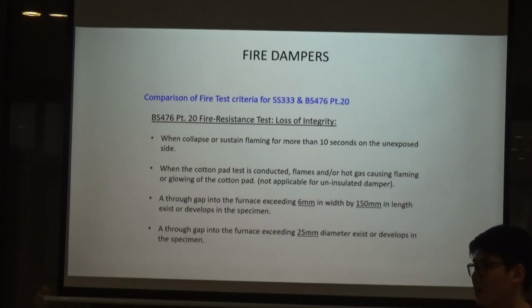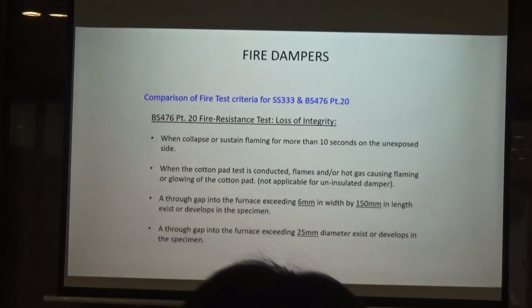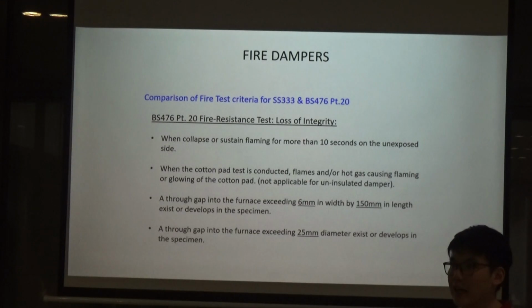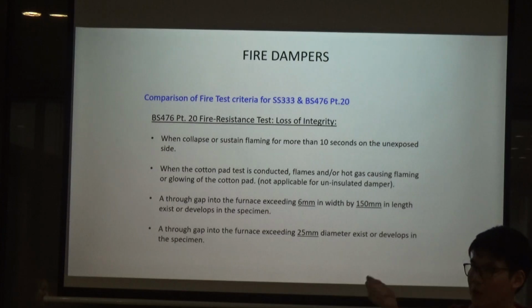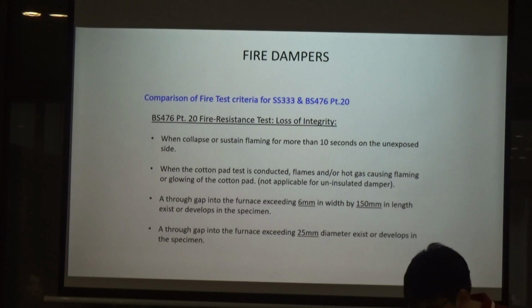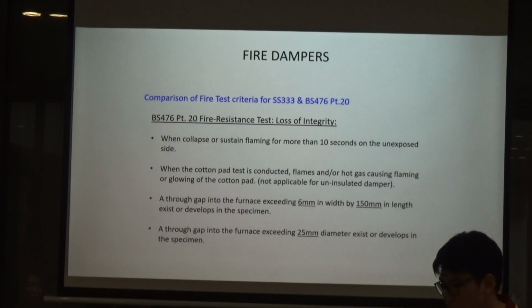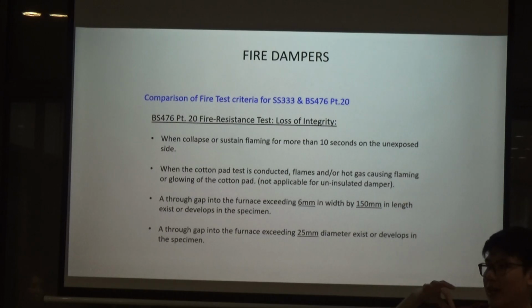When testing, they use a string, say a 25 mm string; if the string can pass through, it fails. Normally they also have a 3 mm or 6 mm rod, and if it pokes through during the fire test, it fails. The 25 mm is the diameter, but the 3 or 6 mm is the inner length.